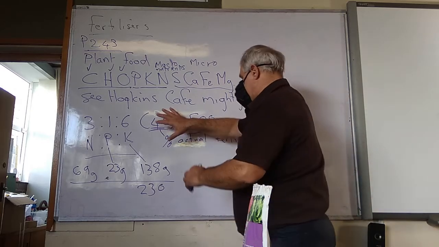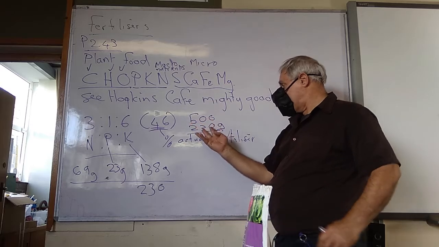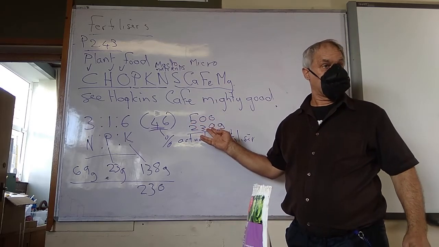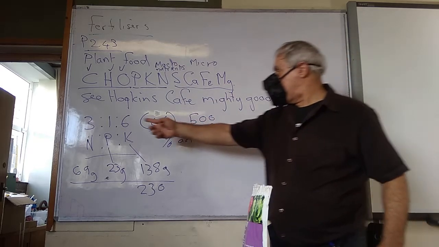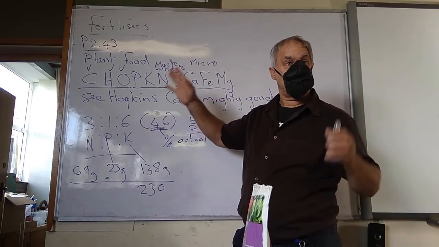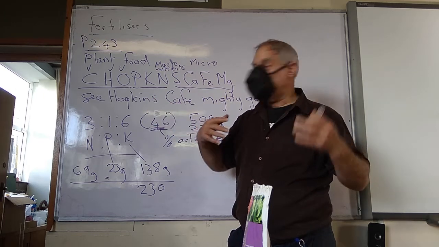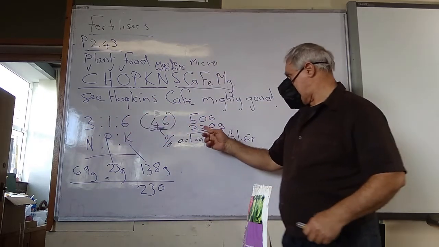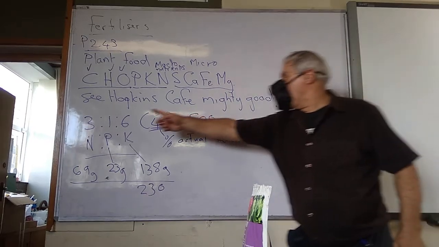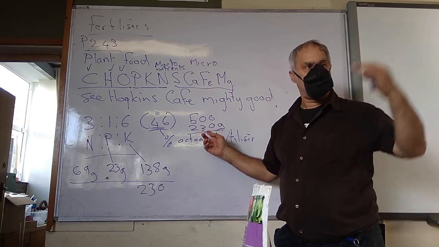Now we add up the parts. In this case, it's nice because it adds up to 10. So then you say 3 out of 10 times 230. 3 out of 10 parts is nitrogen. 1 upon 10 parts times 230 is P, and 6 out of 10 parts is potassium.